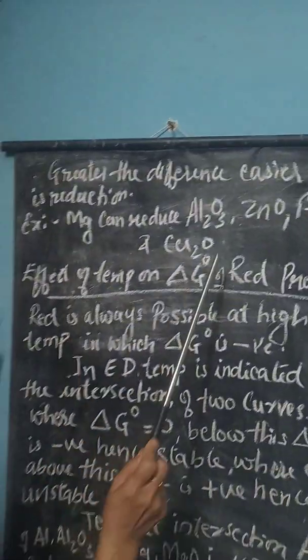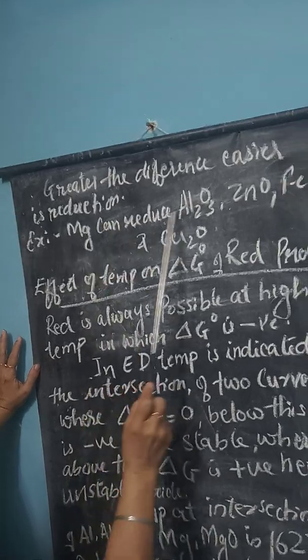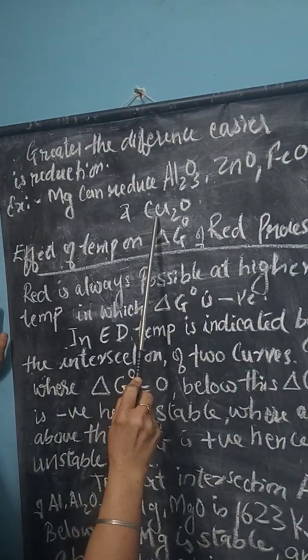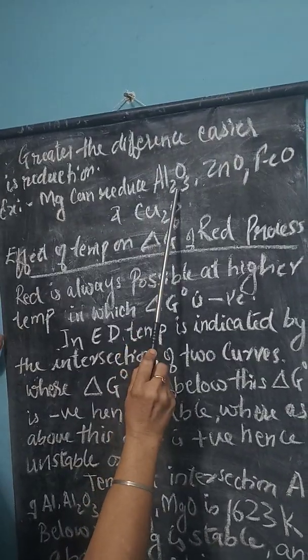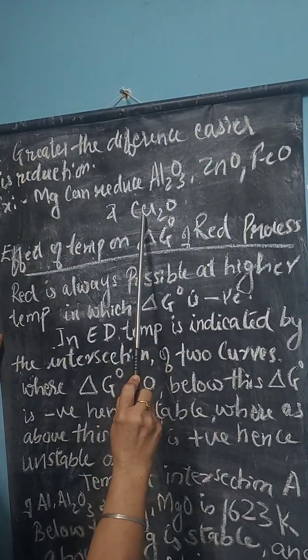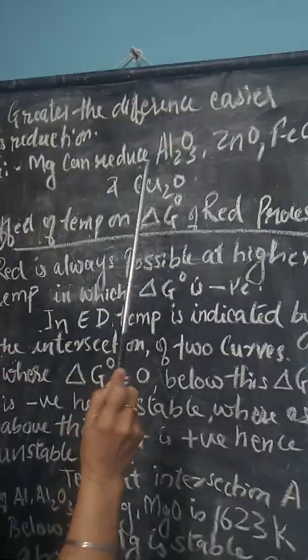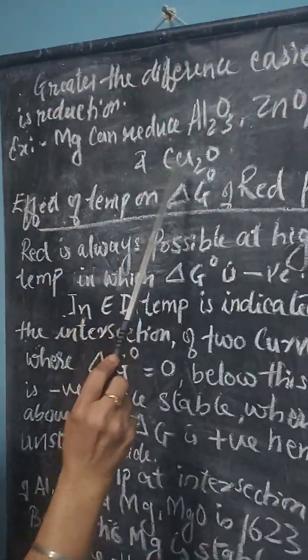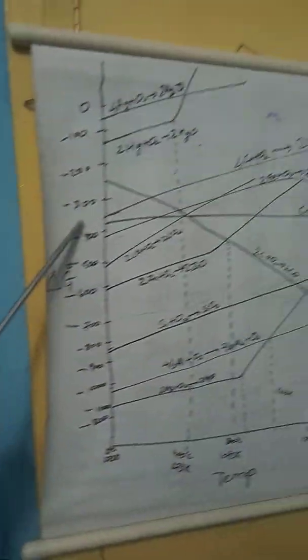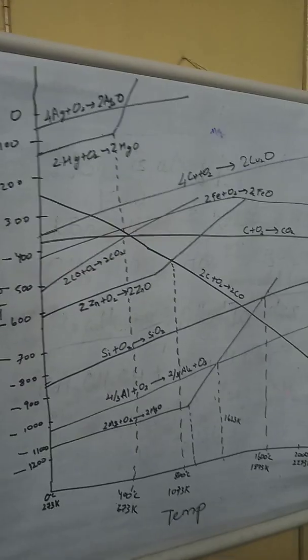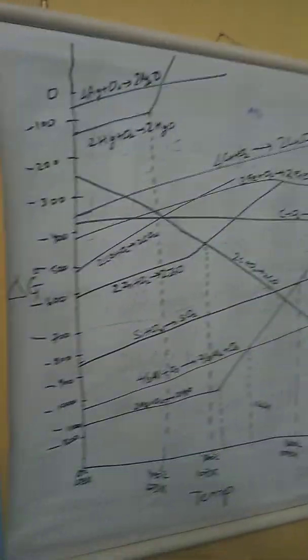Here you can see very nicely, magnesium can reduce aluminium oxide, zinc oxide, iron oxide, copper oxide. Similarly, aluminium can reduce zinc oxide, iron oxide, copper oxide. Zinc can reduce iron and copper. Iron can reduce copper, but copper cannot reduce another because it lies very high. It is in a higher upper position as compared to the other elements. It is not shown in this. You can see in your own set, there it is given.